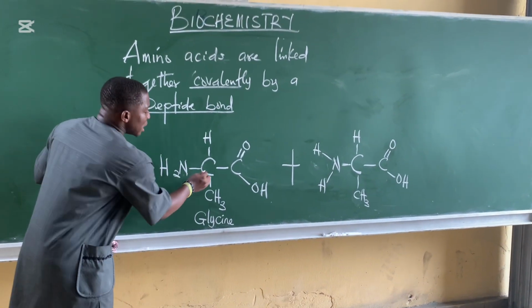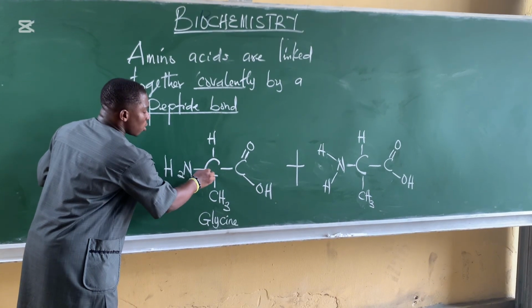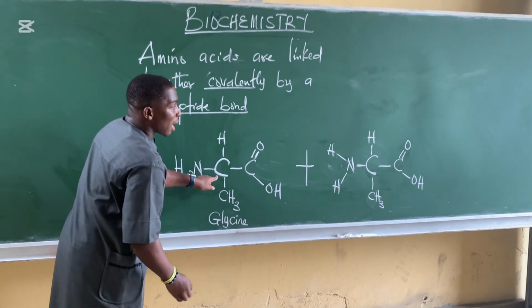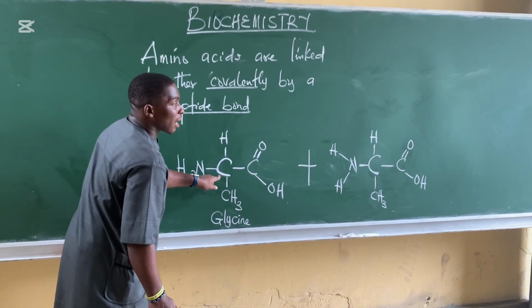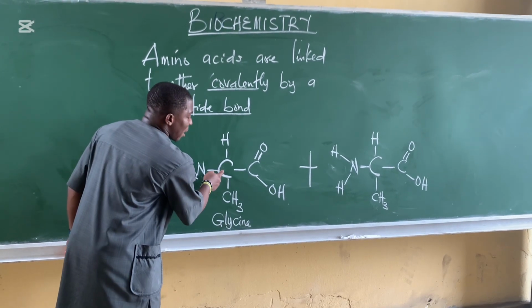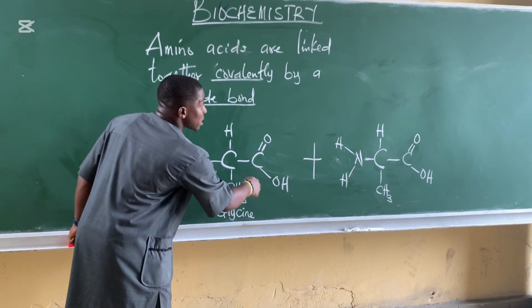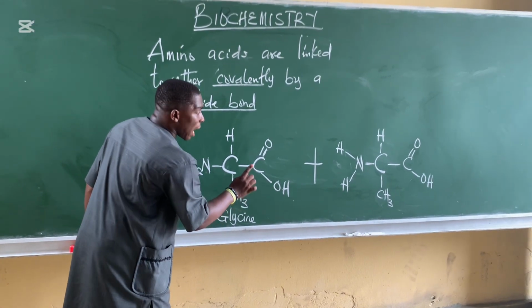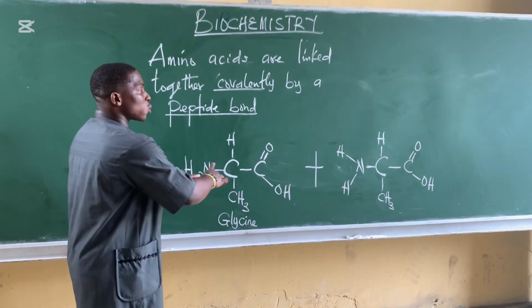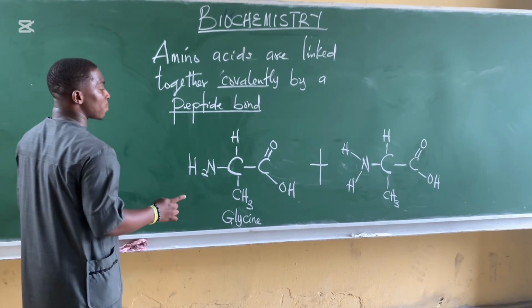Now, what do we mean? This carbon is called the central carbon, the alpha carbon. This is the alpha carbon, and this functional group is the carboxylic functional group. Now, what happens between these 2 amino acids to form a peptide bond?